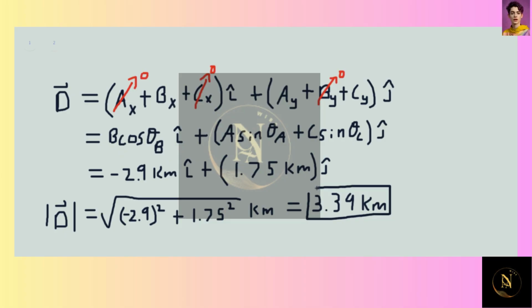And then to find our angle, we need to find the angle that is made from the right triangle that makes up vector D from the two sides, negative 2.9 in the i hat and 1.75 in the j hat. We can use our trigonometric identity, which says that the tangent of the angle alpha is equal to the opposite over the adjacent, or 1.75 over 2.9. So, let's start a new page here.